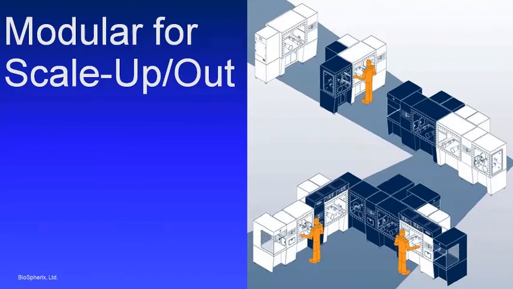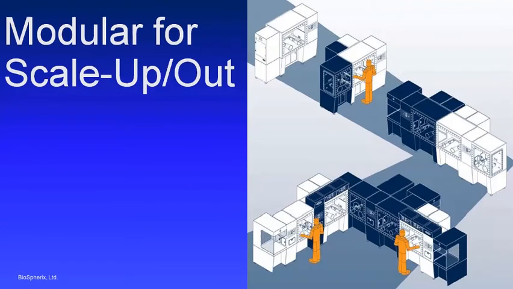One of the most useful aspects of our approach is that our systems are all modular. So you can start small when your process is not locked down yet in the laboratory, and you can get a small system and identify the best conditions for your cells or tissues for each part of your process.